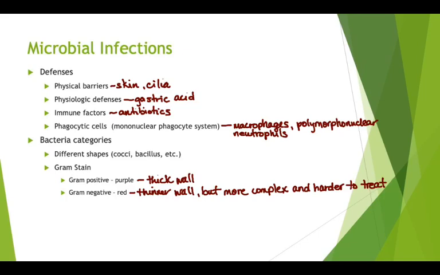But your older clientele, your elderly patients, and your immunocompromised patients are probably going to show much earlier signs of infection because they have a weaker immune system. Their barriers against bacteria are going to be weakened.